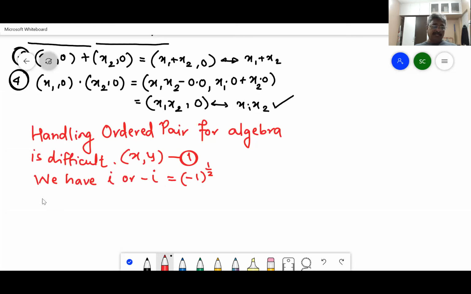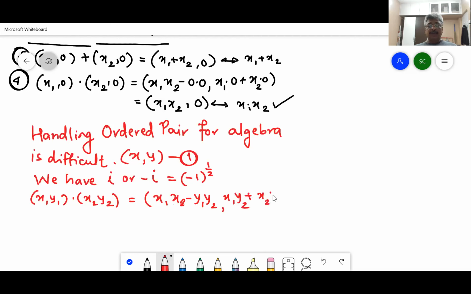And what is our multiplication definition? x1 y1 multiplied by x2 y2 is equal to x1 x2 minus y1 y2 comma x1 y2 plus x2 y1.